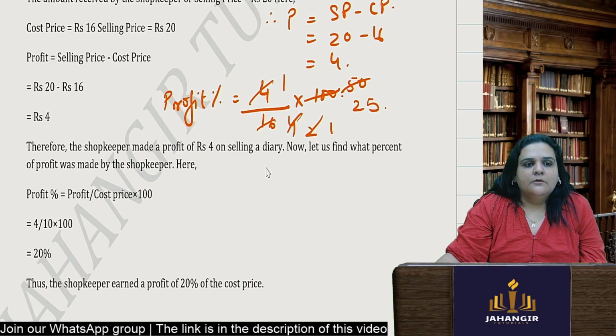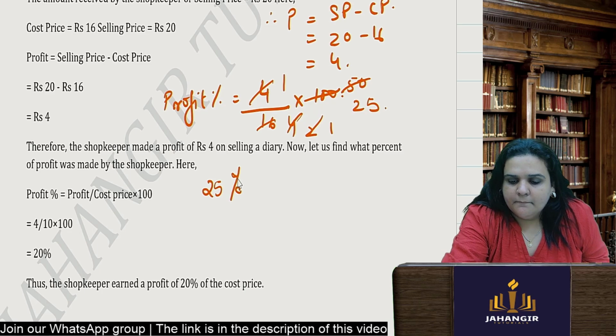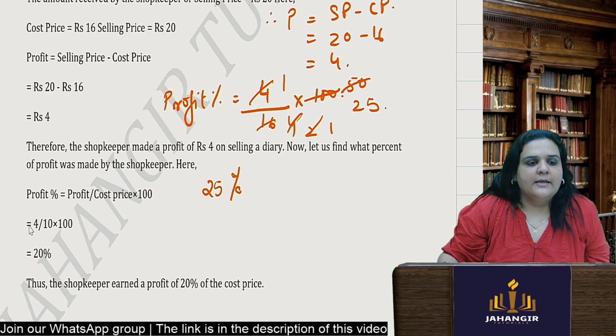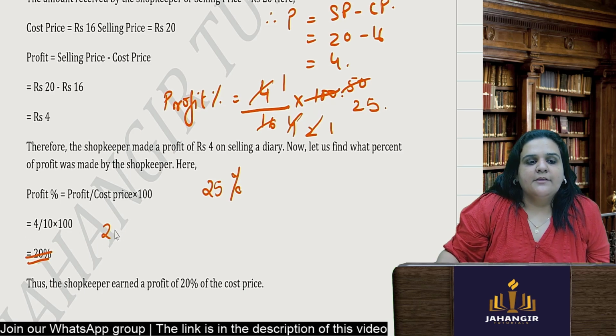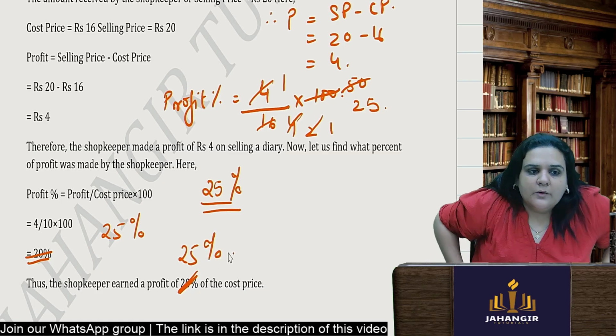Okay, so the profit percentage is not 20%. It is 25%. When you solve this, you will get 25% as the answer. 25% of the cost price.